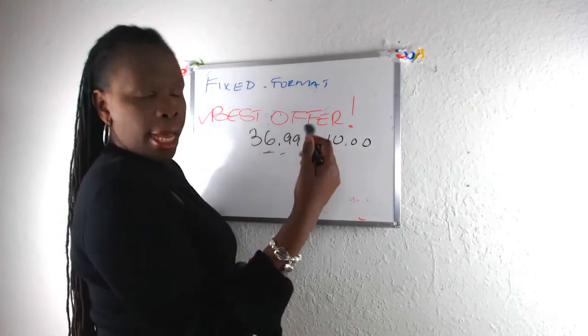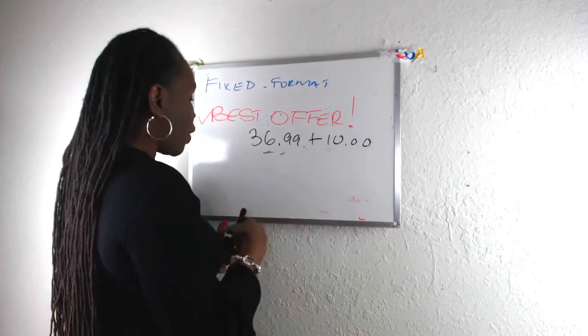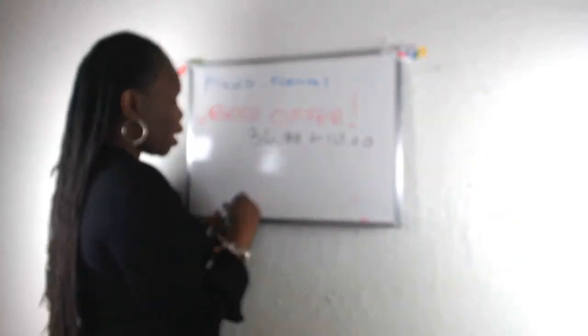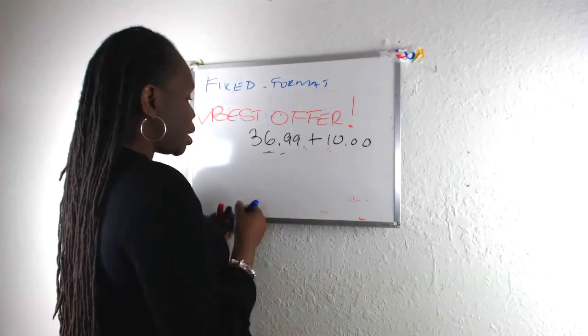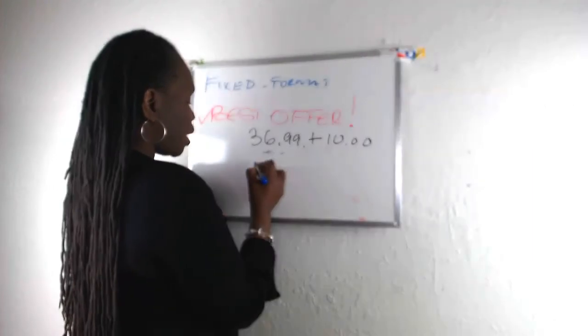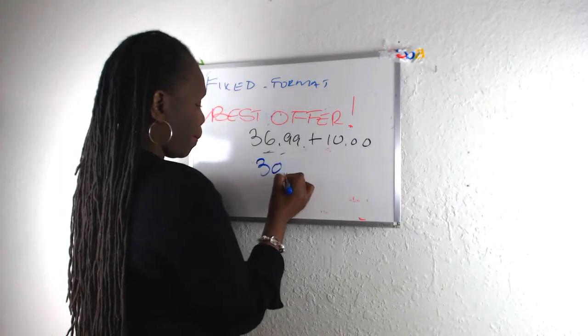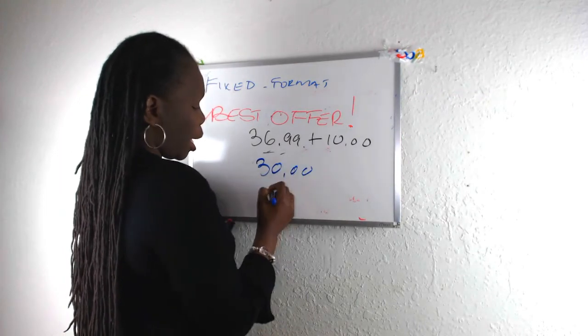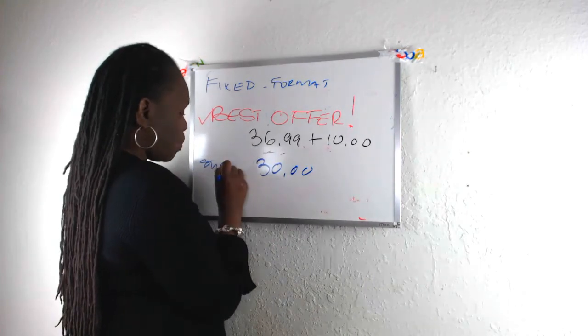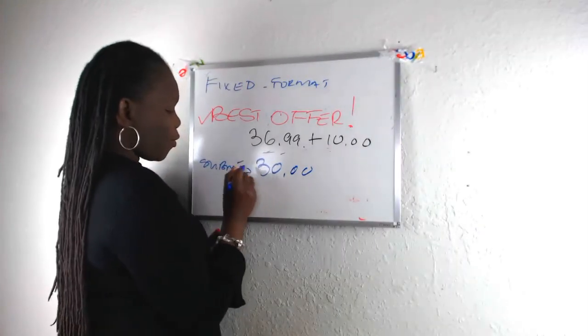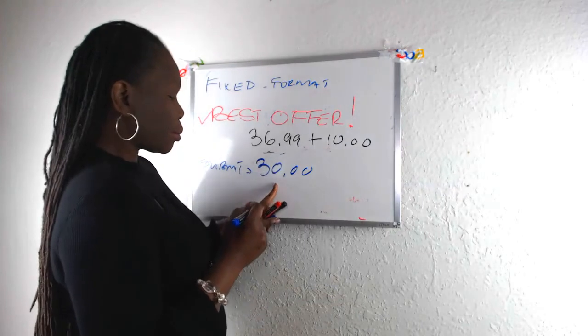It will say make an offer. So I'll go in and make an offer. I'll say, okay, you listed this thing for $36.99, but I'm willing to pay $30 for it. I'll submit an offer for $30, right?